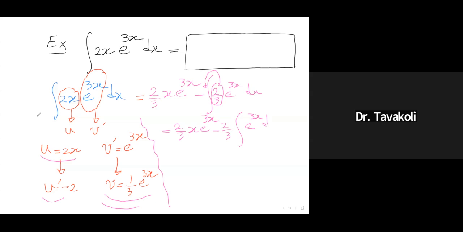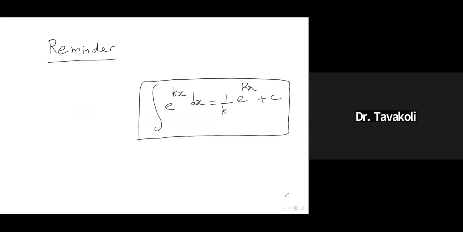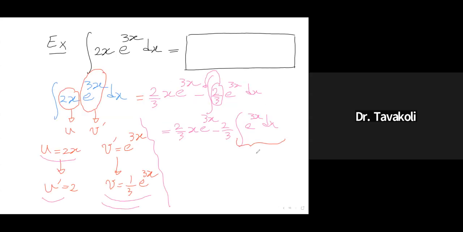Now, what is the antiderivative of e to the power of 3x? Again, by that reminder that we had here, this is going to be 1/3 e to the power of 3x. So what's the final answer? 2/3 x e to the power of 3x, and 2/3 times 1/3 makes it 2/9, right?